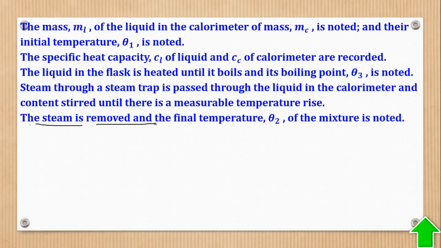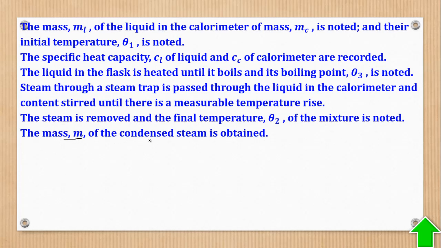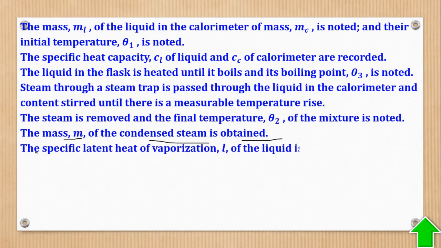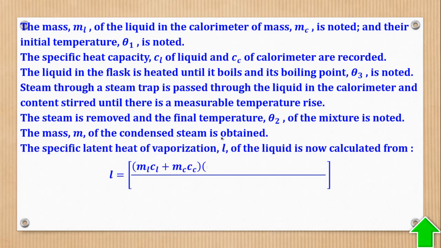The steam is removed and the final temperature θ2 of the mixture is noted. Mass m of the condensed steam is obtained. Specific latent heat of vaporization L is now calculated from that.